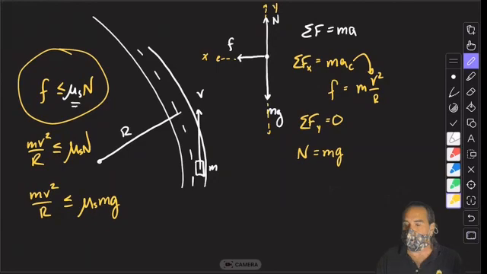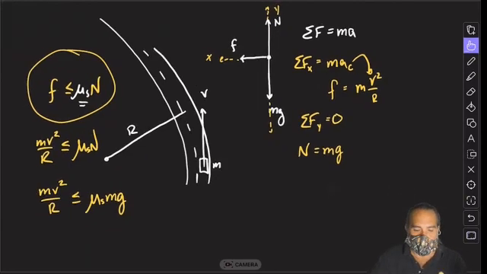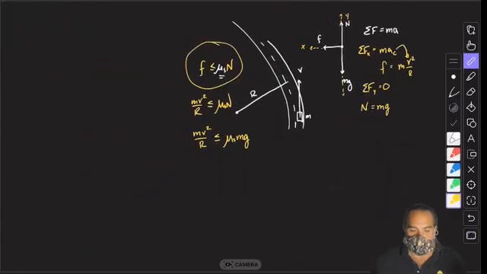But is there any problem getting to here? I want you to keep those inequalities here because this is where we separate us out and make sure we understand threshold values. Canceling the m's there and solving for v, we're going to get that v has to be less than or equal to the square root of mu s g r.